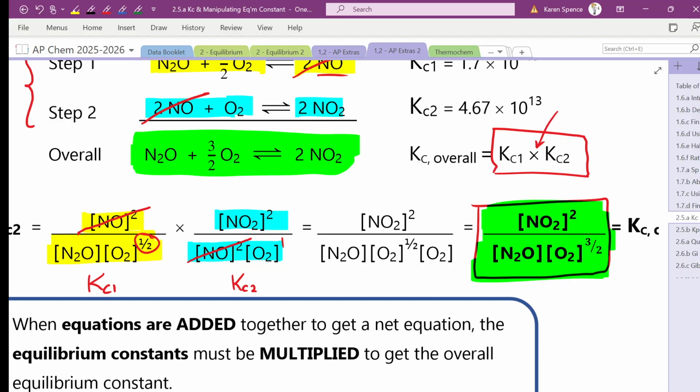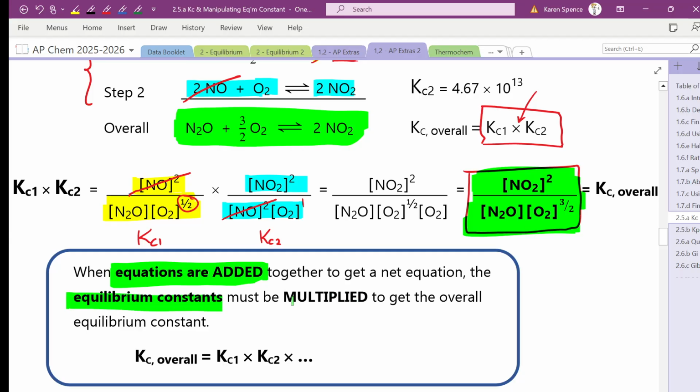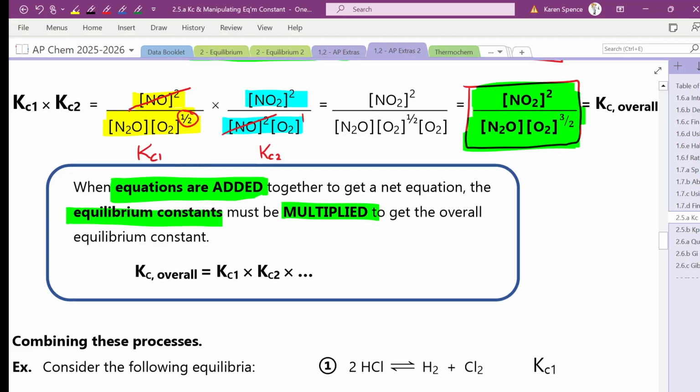Multiplying the two K's for the two steps will give you the overall K. And it does not have to be a mechanism. It could just be random equations that add up to give you an equation. So when equations are added to get a net equation, the equilibrium constants must be multiplied.